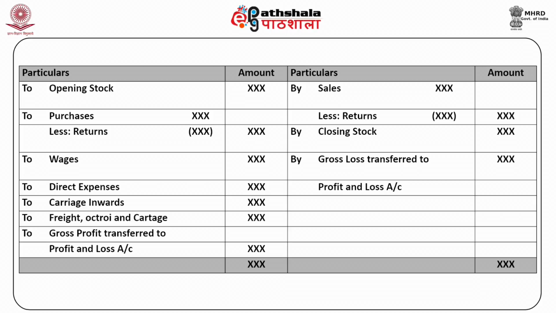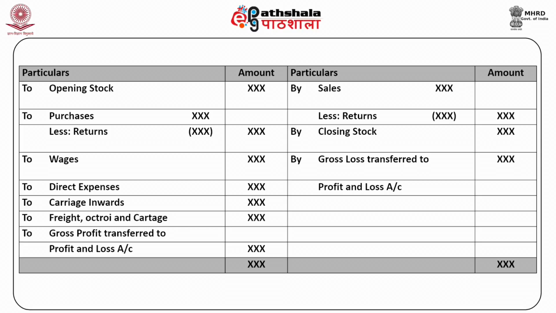We start with to opening stock, debit purchases account less purchases return. Then debit wages, debit direct expenses, debit carriage inwards, debit freight, octroi and cartage. The balance is gross profit transferred to profit and loss account.